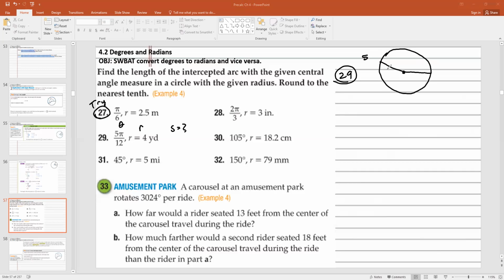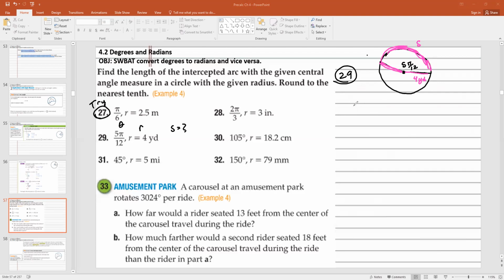That's the angle measurement, and our radius is 4 yards. We want to find this arc length.